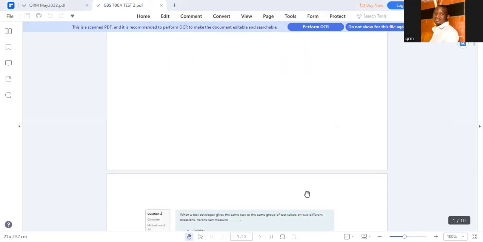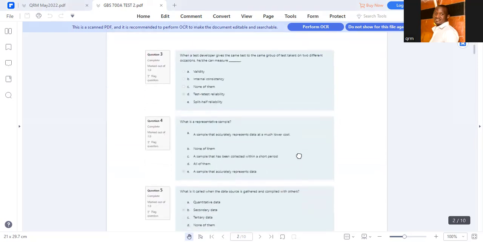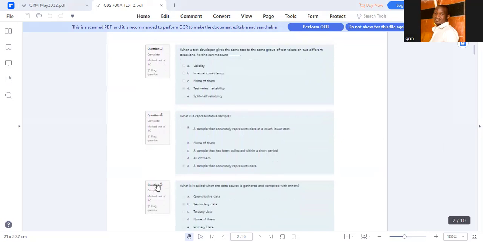Question number 3. So in question number 3, when a test developer gives the same test to the same group of test takers on two different occasions, he or she can measure what?